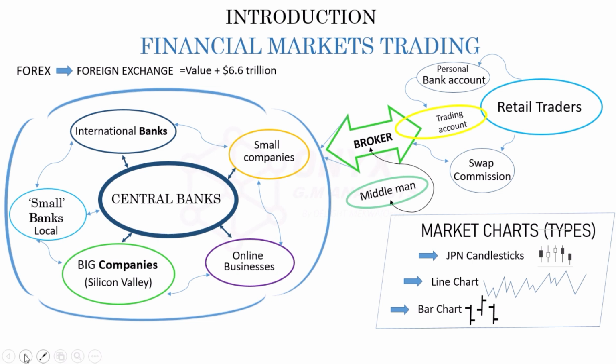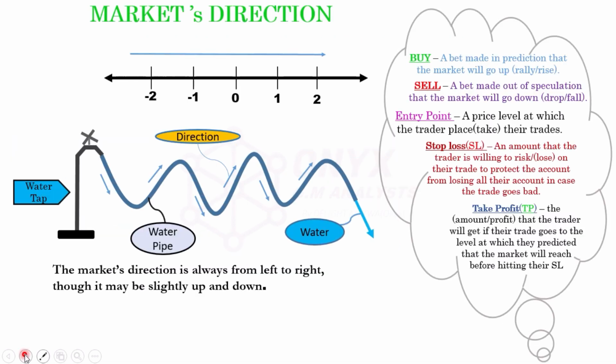Now we dive into the following topic: the market's direction. Just like a number line, we have 0, -1, -2, 1, and 2.